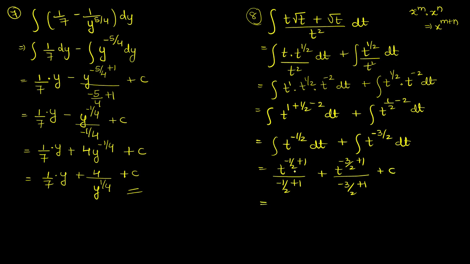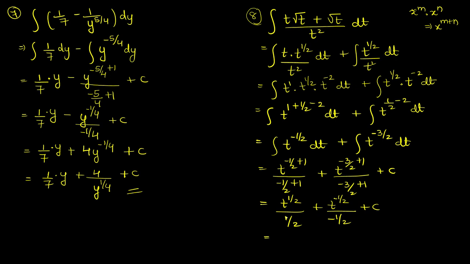If you simplify this, you can say it is t power 1 minus 1 by 2, that is 1 over 2, same in the denominator, plus t power minus 3 over 2 plus 1, and if you multiply here, it will be 2. So minus 3 plus 2 will be minus 1 by 2, minus 1 over 2 divided by minus 1 over 2 plus c.